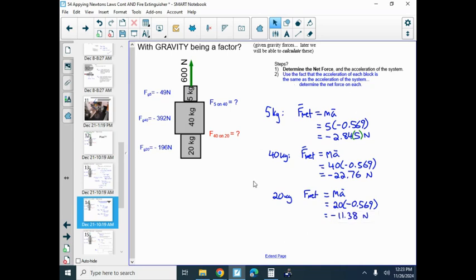So don't cloud your judgment here. Yeah, there's more than one force on each one of these things, or on some of them, but you don't have to worry about that for now. The net force is just the net force. I kept extra digits as I went along the way here. Technically, if we're keeping 3 significant digits, I should have probably rounded that. But if this was my final answer, I would round it. But in engineering and proper work, you just float decimal places and carry a bunch all the way through.